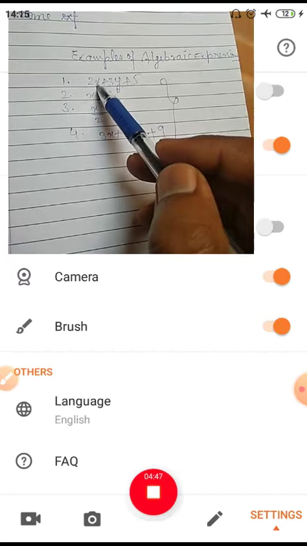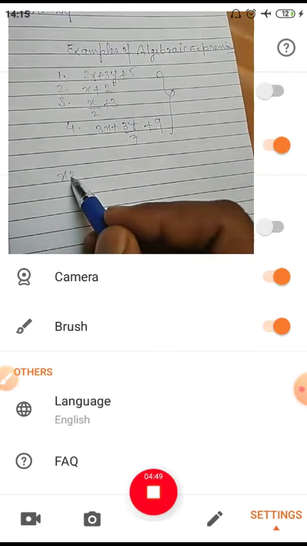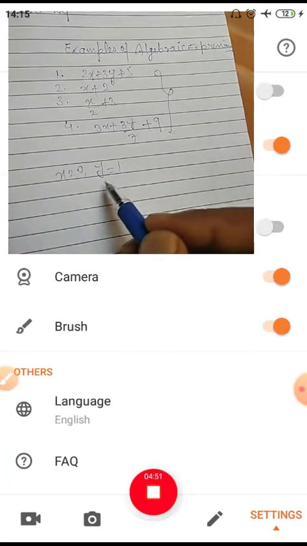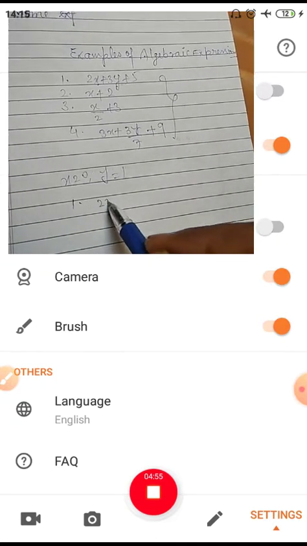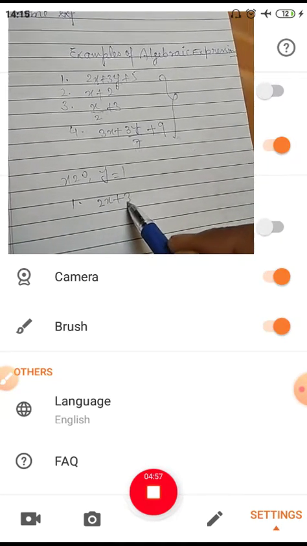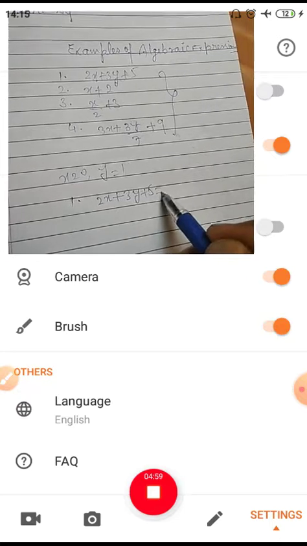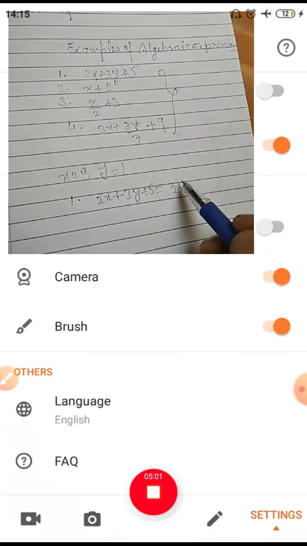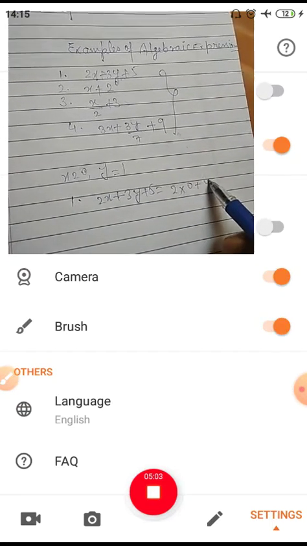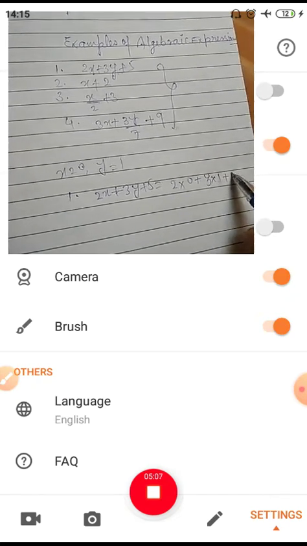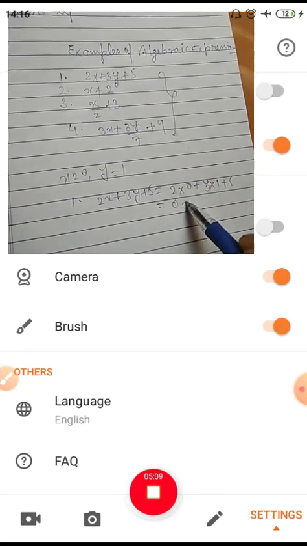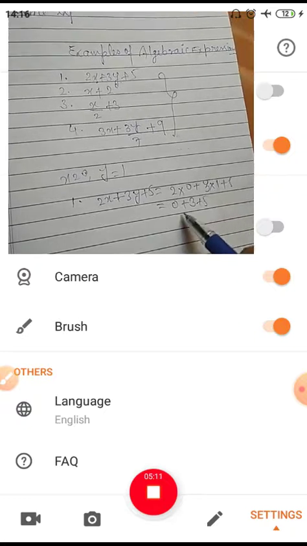So if you choose x is equal to 0 and y is equal to 1, then the value of the first expression, 2x plus 3y plus 5, is equal to what? Replace x by 0 and y by 1: 0 plus 3 plus 5.